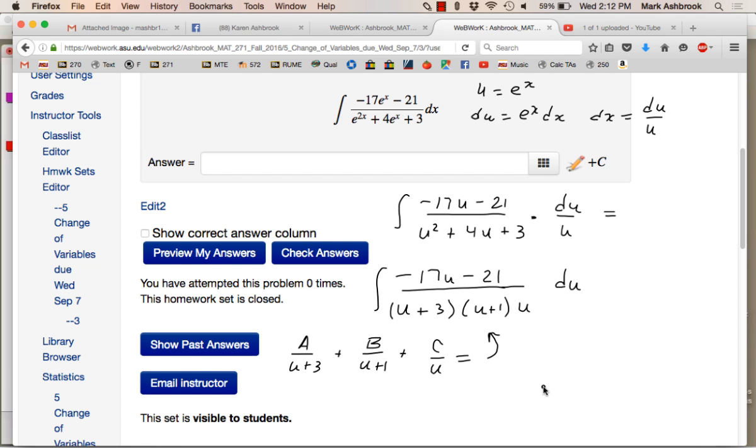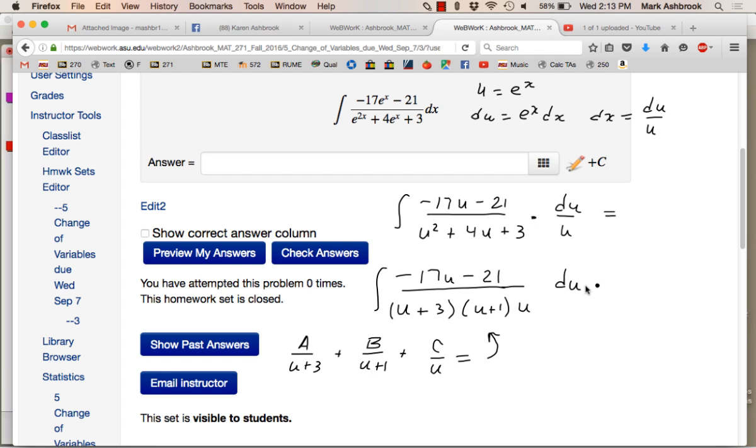So I'm guessing that's where we ran into a lot of difficulty. If you were trying to make this just like the one in class, well, it's similar to the one in class, but not just like it. This u this time becomes part of our denominator and gives us three partial fractions as the decomposition of this one fraction. Yeah? When I was doing it, I tried to move the u outside the integral.